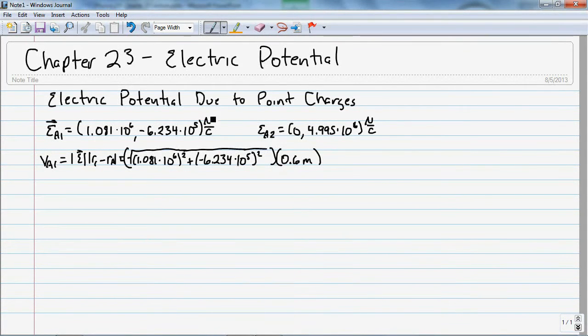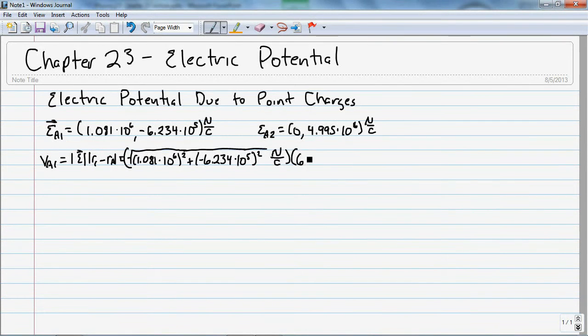And I should put the units here. The units are going to be newtons per coulomb when I get done.